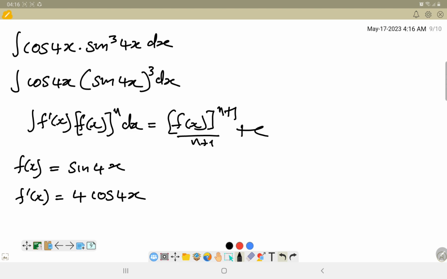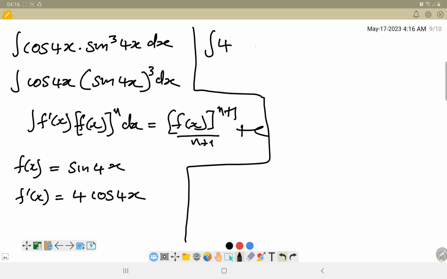So we can see that in our given problem, according to the formula, we should have the correct derivative. The derivative of sine is cos, but in this case we have sine 4x, whose derivative is 4 cos 4x. So we must make sure that beside it sits exactly the correct derivative.